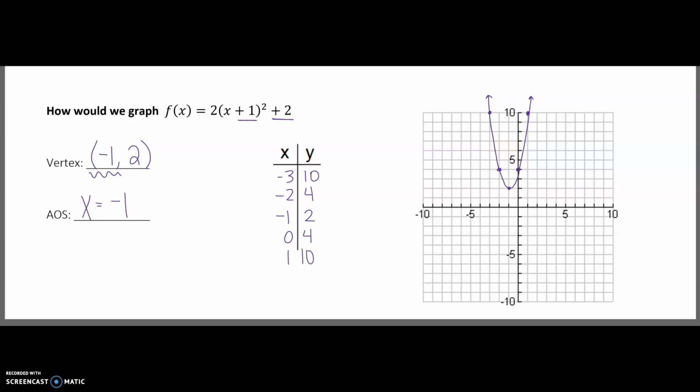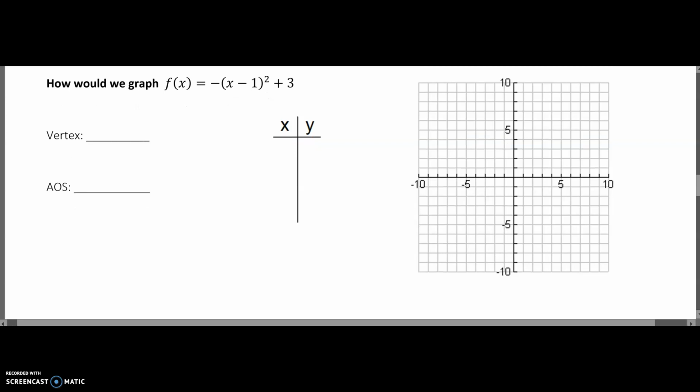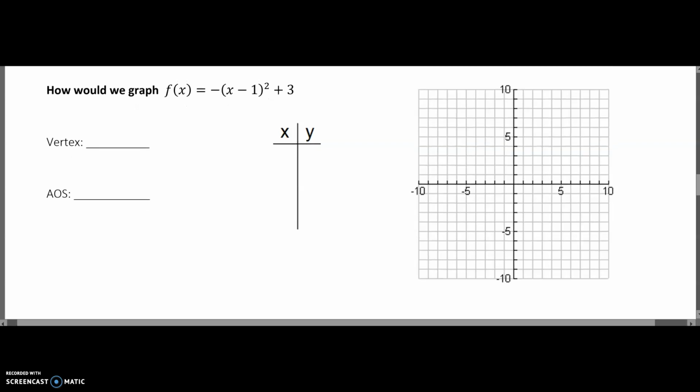After plotting our points, our graph should look like this. All right, on to our next problem.